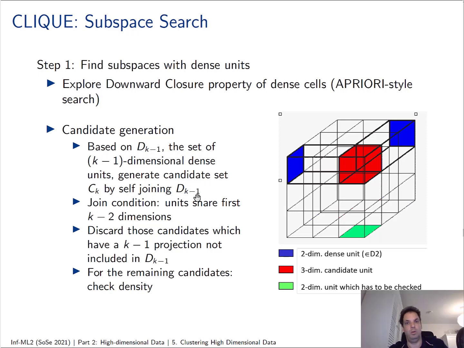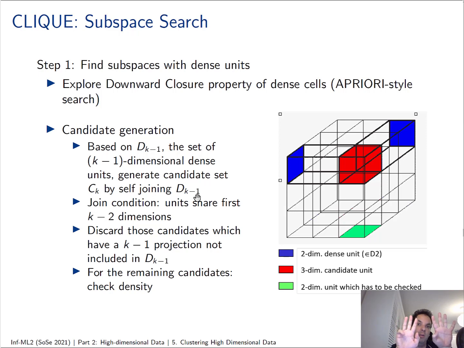So we have already 5-dimensional dense grid cells. We already know which 5-dimensional grid cells are dense, and now we want to generate the candidate 6-dimensional units that can be dense. We still need to test them, but they can be dense. So what we do is take all the 5-dimensional ones and join them. The join condition is that they need to be the same in the first 4 dimensions.